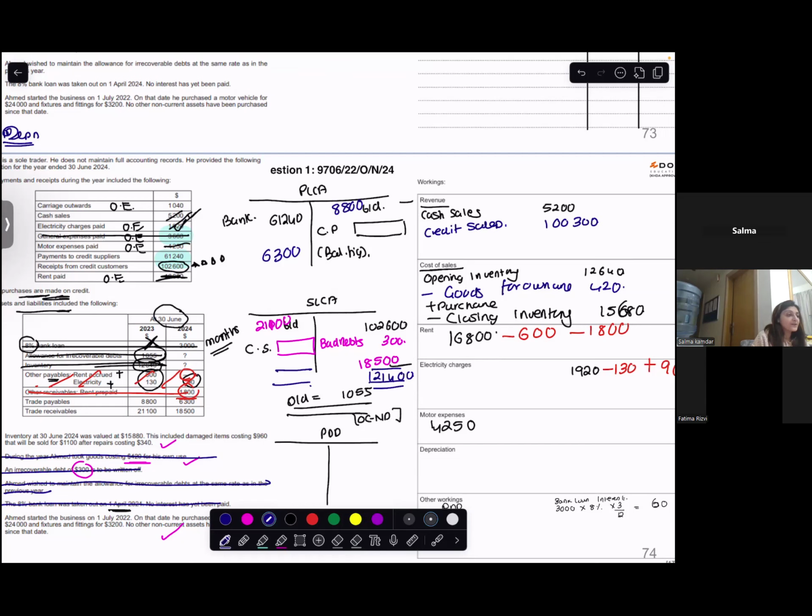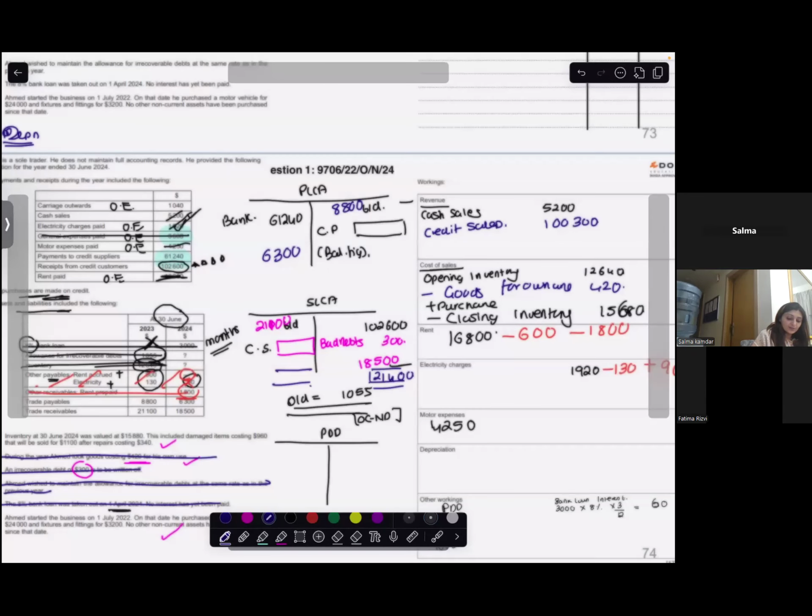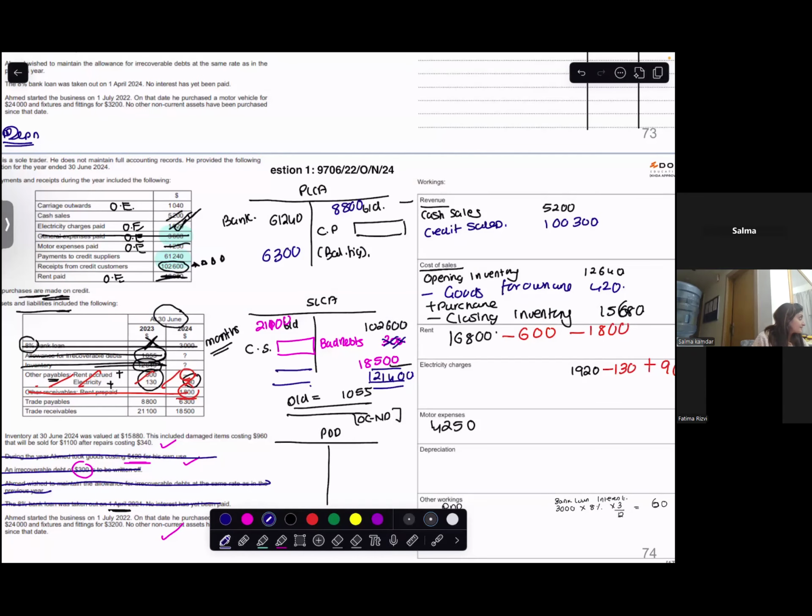They've not incorporated the new bad debts. New bad debts are not incorporated in the SLCA. They have not done it. Okay. So give me my total revenue. 5,200 plus 100,300 is 105,500.